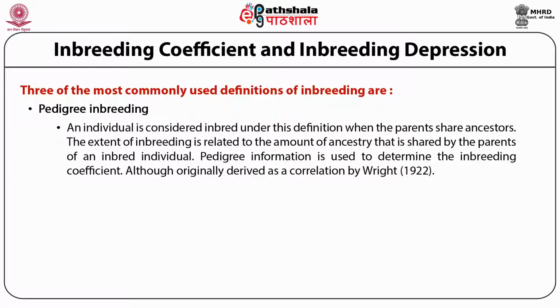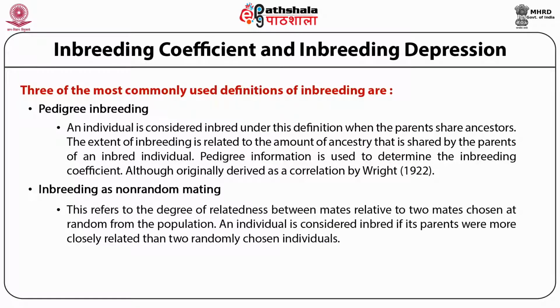The second commonly used definition of inbreeding is called inbreeding as non-random mating. This refers to the degree of relatedness between mates relative to two mates chosen at random from the population.